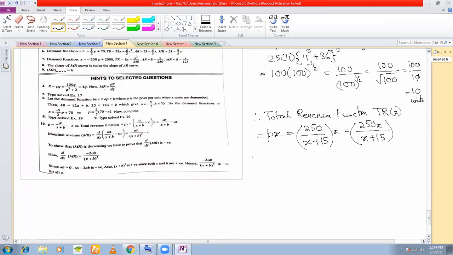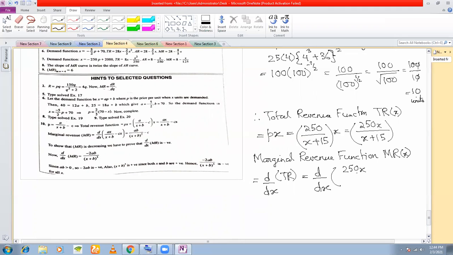So what is the marginal revenue function? Tell me what is the definition of marginal revenue? Marginal revenue function, Amir. It is a differentiation of the total revenue function. So d/dx of 250x divided by x plus 15.